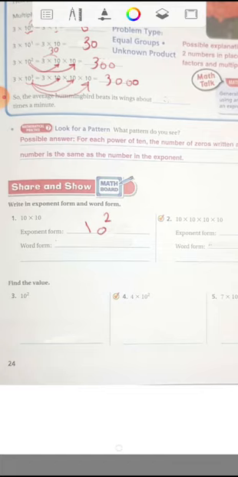Now for the word form, you mention the exponent first, then you mention the base after it. So you say the second power of 10. So the word form will be the second power of 10. Okay?